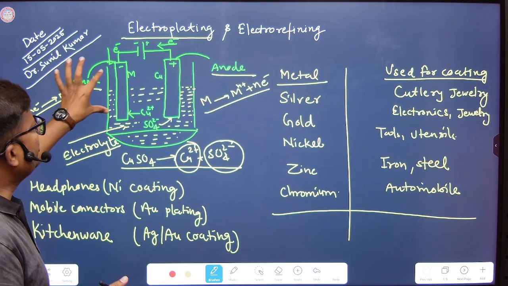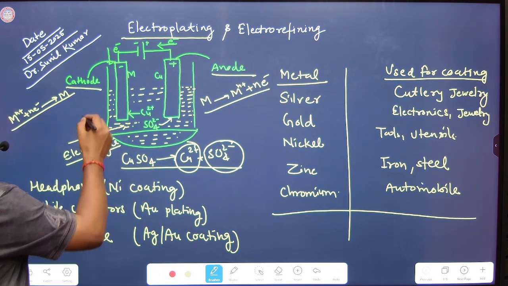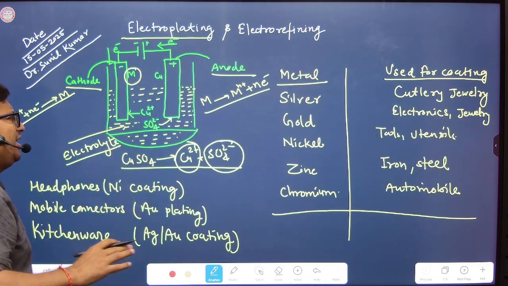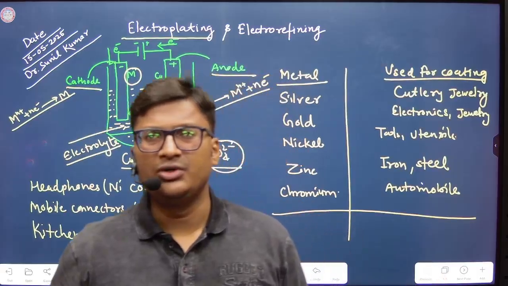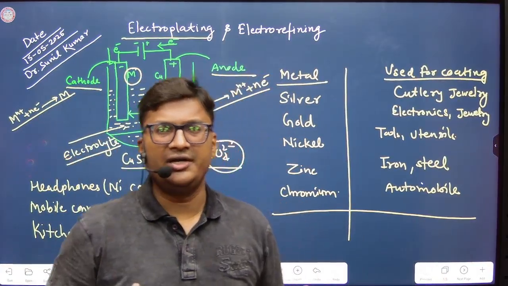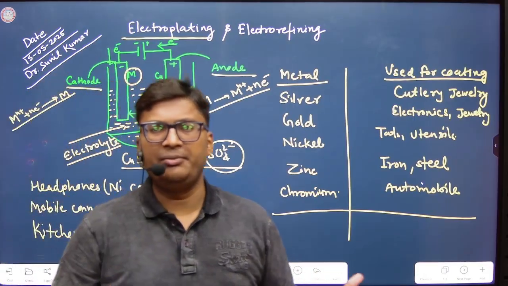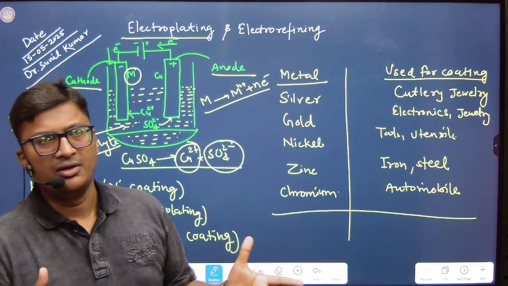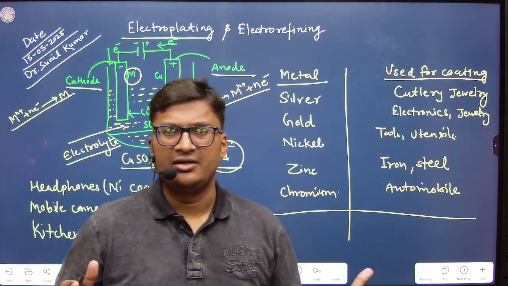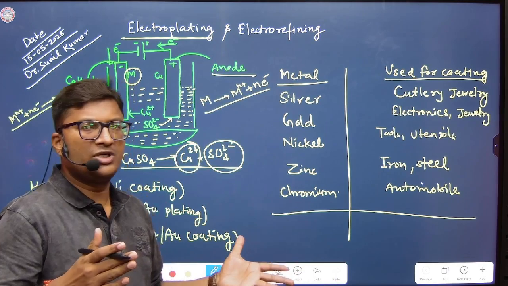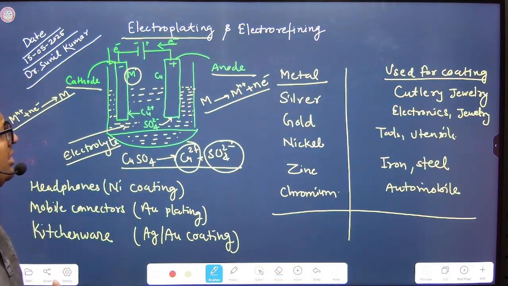So these two electrodes are dipped into the same solution. Here M is any kind of metal which is highly reactive, and I want to make it inert or prevent it from corrosion. So if you coat it with another metal that is less reactive and corrosion preventive, then this electroplating phenomenon is significant.